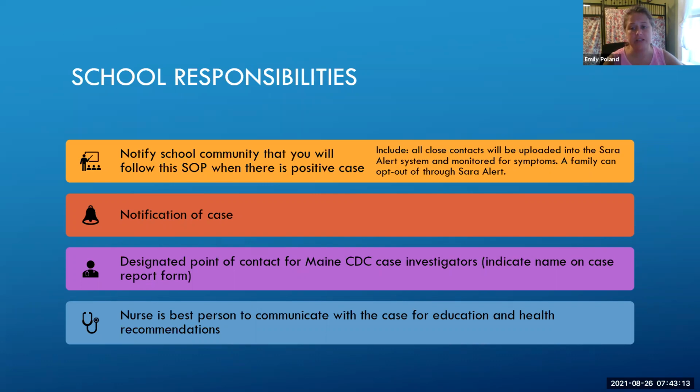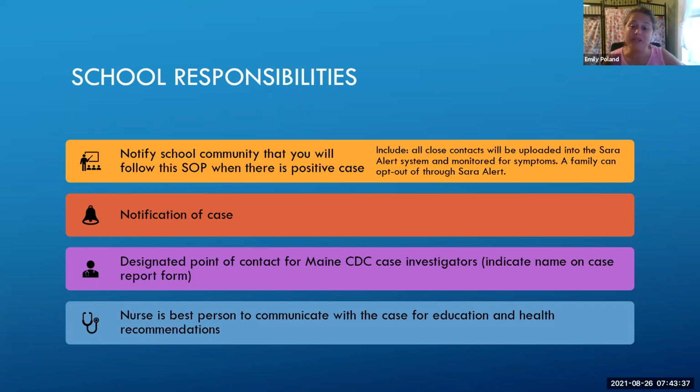Now, please understand that once they're uploaded into the Sarah Alert system, they can opt out at any time, and our DOE contact tracers are prepared to talk through that with families. This was a way to make it more streamlined. So that's for Sarah Alert. We want you to notify your school communities of that.